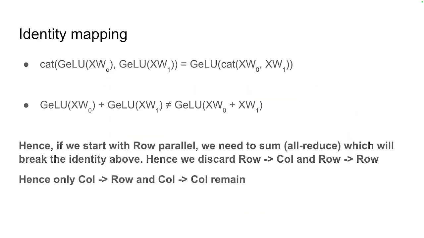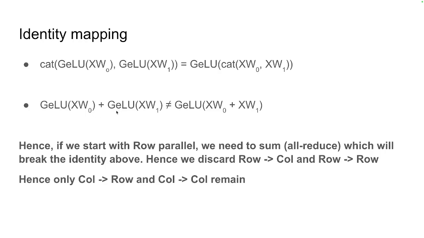The identities that I wrote here: if you take GELU of a matrix multiplication, suppose this is for GPU1 and this is for GPU2, it is not necessarily going to be equal if you do an all reduce and then do GELU, which we should be doing because we want numerical correctness and we want GELU of the sum of them. So that will incur a communication that we need to do.